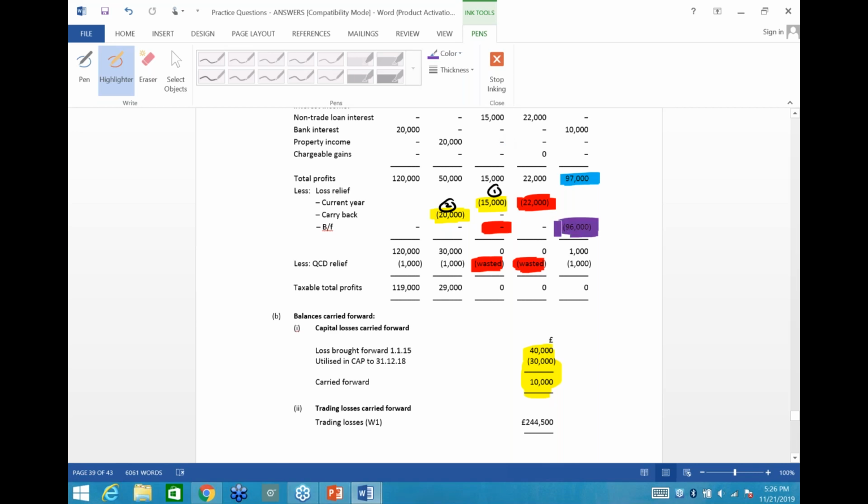Why have we done that? Because if you set off the full amount, 97,000, then you will waste your QCD. But in this particular way, against 97,000, we decided to set off only 96,000 pounds.